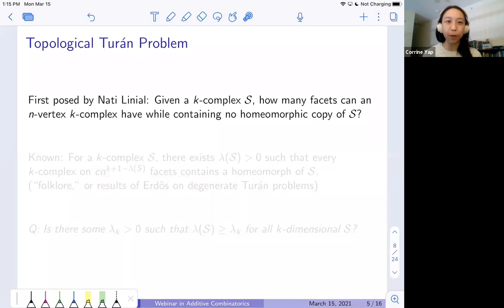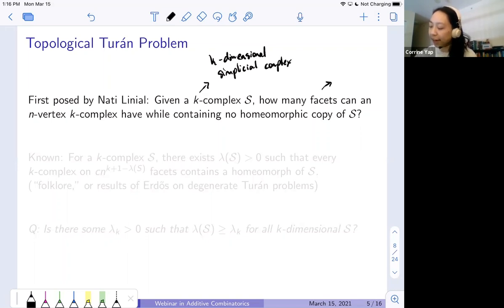But one of the questions that he posed, which is not related to that, is this one, the topological version of Turán's problem. Given a K-complex S, and what I mean here is a K-dimensional simplicial complex, how many facets, and again, I assume these are all K-dimensional, in keeping with our correspondence between uniform hypergraphs and simplicial complexes.